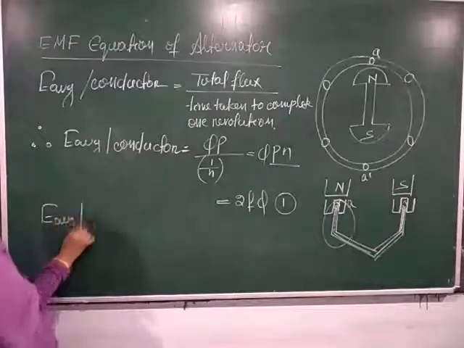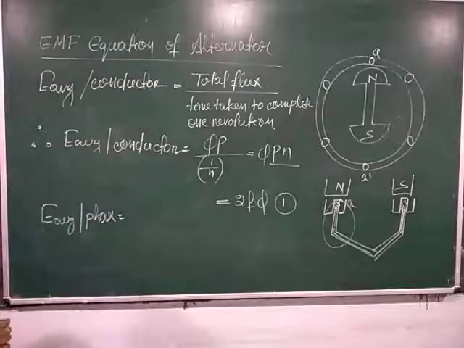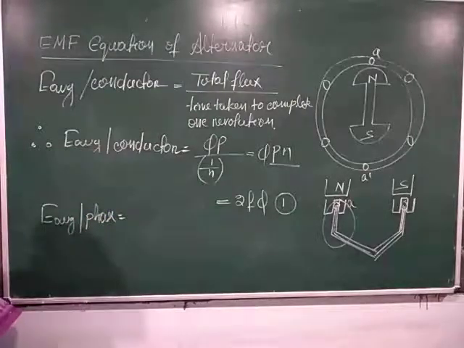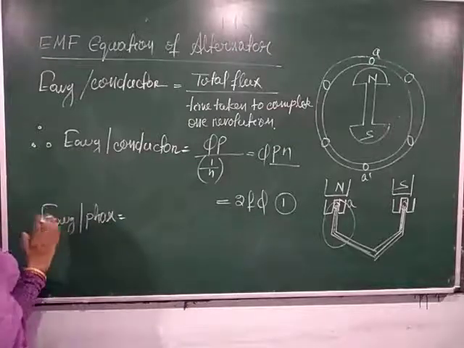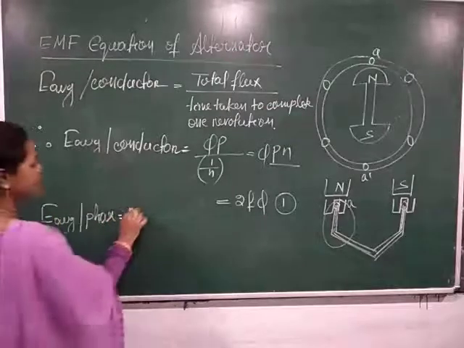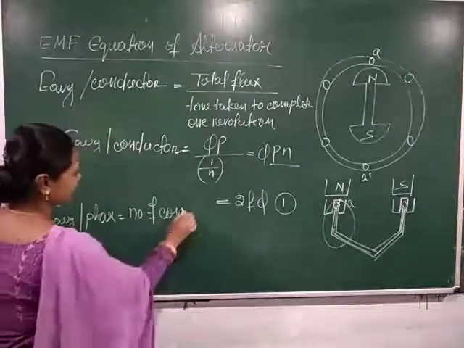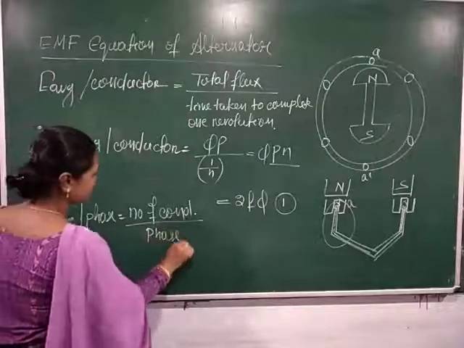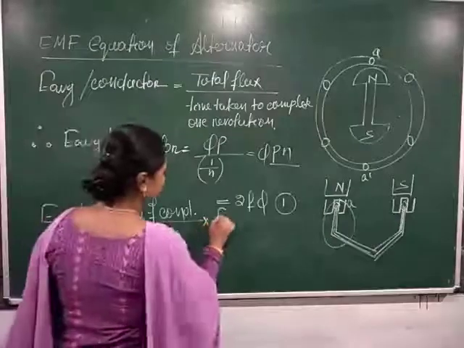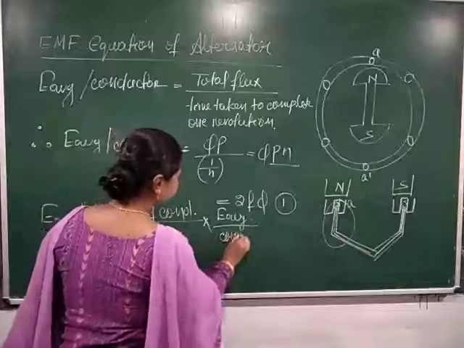The next, average EMF per phase. We derive how much average EMF is induced in the armature conductors per phase. We may write this as the number of conductors per phase into the average EMF per conductor.